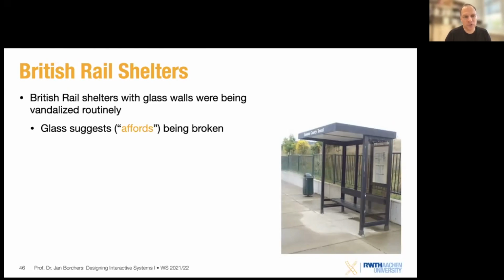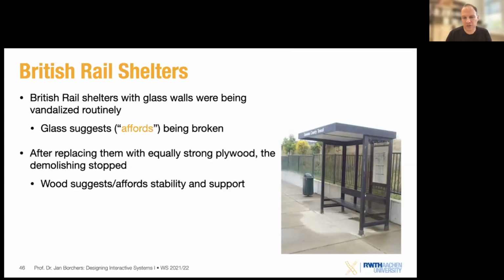What was going on was that glass as a material has an affordance. A sheet of glass, a pane of glass, suggests that it will break easily, right? And some people then pick that up as an invitation to break it. Now, British Rail caught on to that. They actually replaced these glass walls with walls made from plywood, Sperrholz in German.